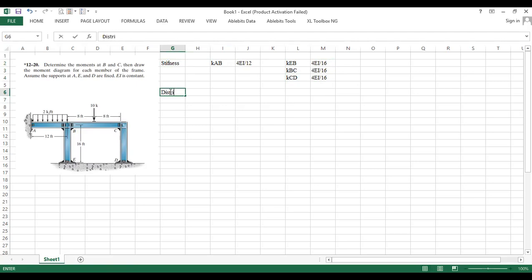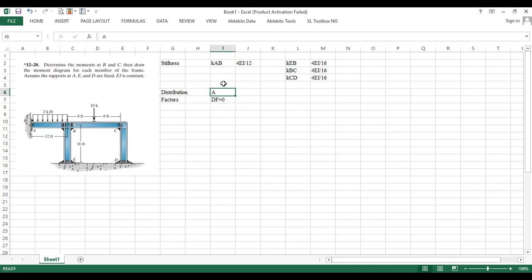Distribution factors at A. So at A, the distribution factor is 0, right?